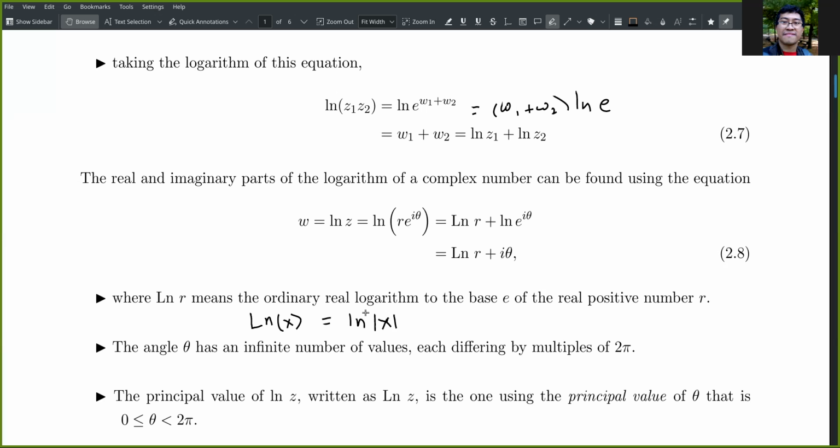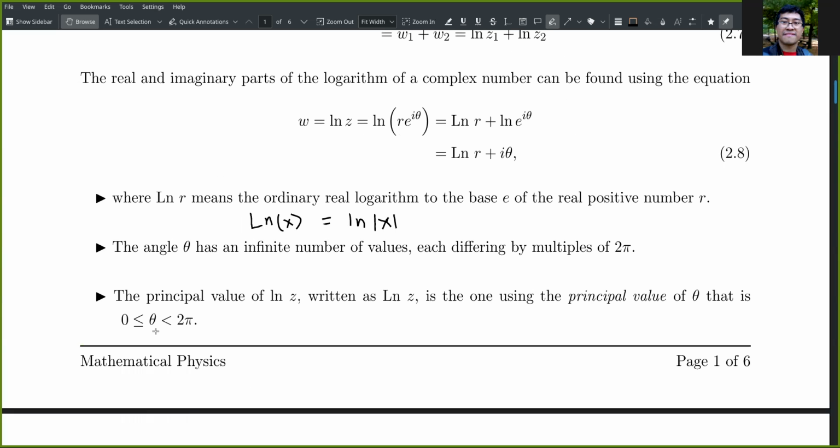Typically, if you are not talking about complex numbers, you can just write small letter or capital letter. There is no difference. But here, since we are talking about complex numbers, we have to give this a separate definition, Ln of x.